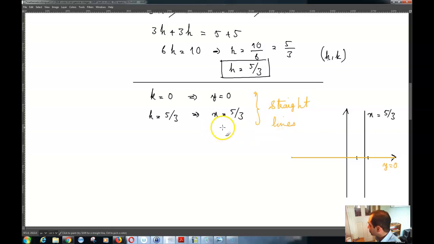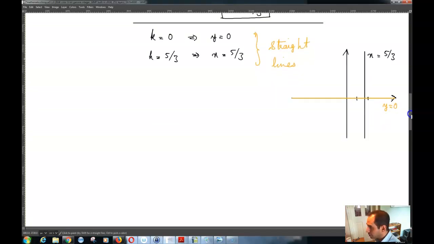Hence the path of the point equidistant from lines 1 and 2 is a straight line, meaning that let's actually do the graph of this function and see what we get. The lines that we had were 3x minus 2y is equal to 5, number 1, and 3x plus 2y is equal to 5, number 2.